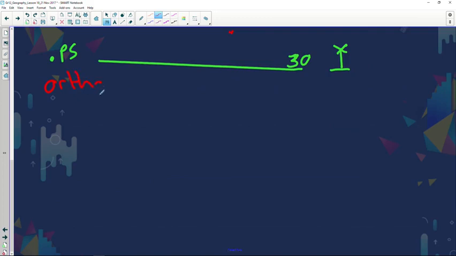Now, very importantly over here, an orthophoto is completely different, because on an orthophoto, what's our scale? 1 to 10,000. So in reality, our orthophoto is bigger than our topographical map.